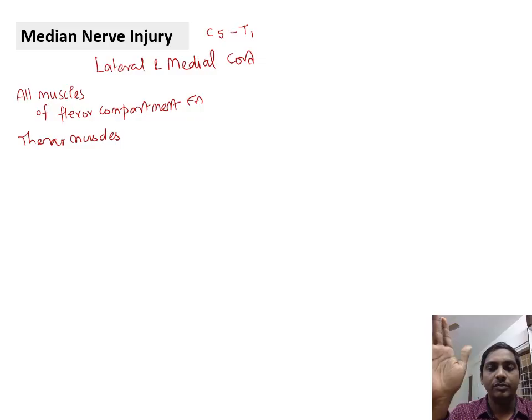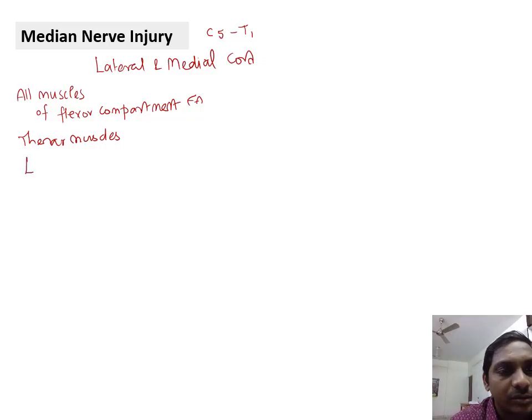Abductor pollicis is used to abduct. Opponens is to do like this, opposition of the thumb with the little finger. And also flexor pollicis brevis, that is flexion of the thumb. And it also supplies the lateral two lumbrical muscles. So these are the muscles that are innervated by the median nerve.